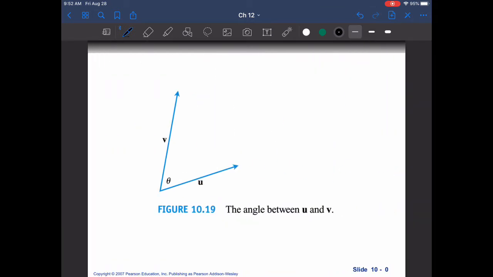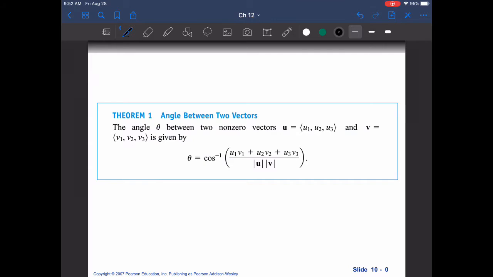Here, we can start to look at what the angle would be between two of these vectors and relate it to this dot product. So what we can do is look right here, and this looks a little complicated, but this is going to be a lot simpler when we actually look at what a dot product actually is.